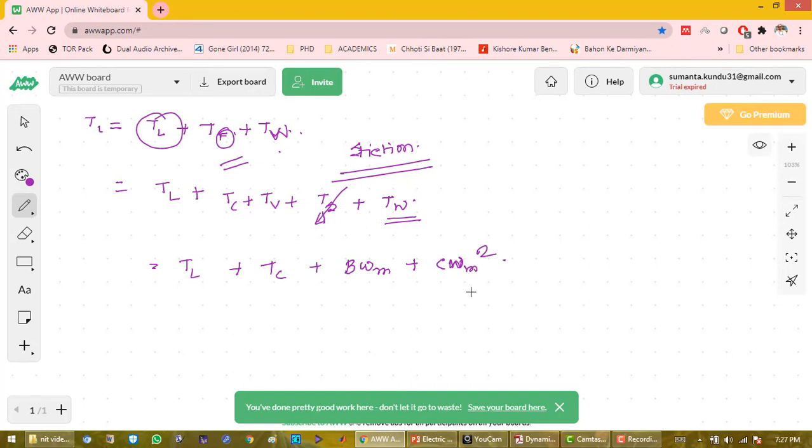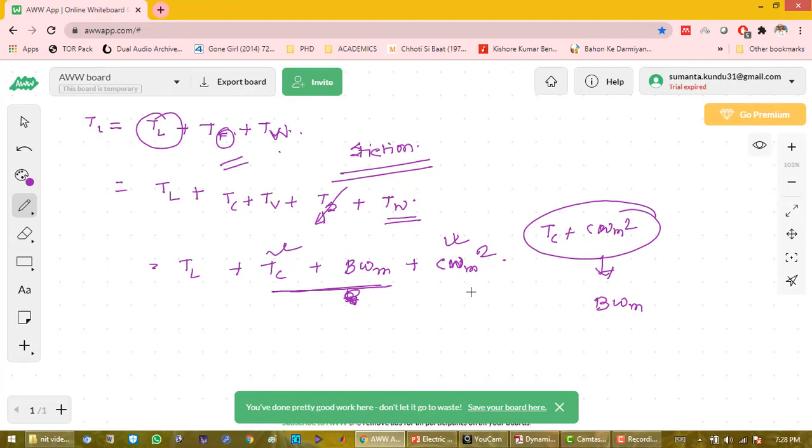Now the interesting fact is that the TC plus C omega m square term is basically negligible in comparison with B omega m, the viscous torque or viscous friction, and the TL, the useful torque. Okay, so we can neglect this.